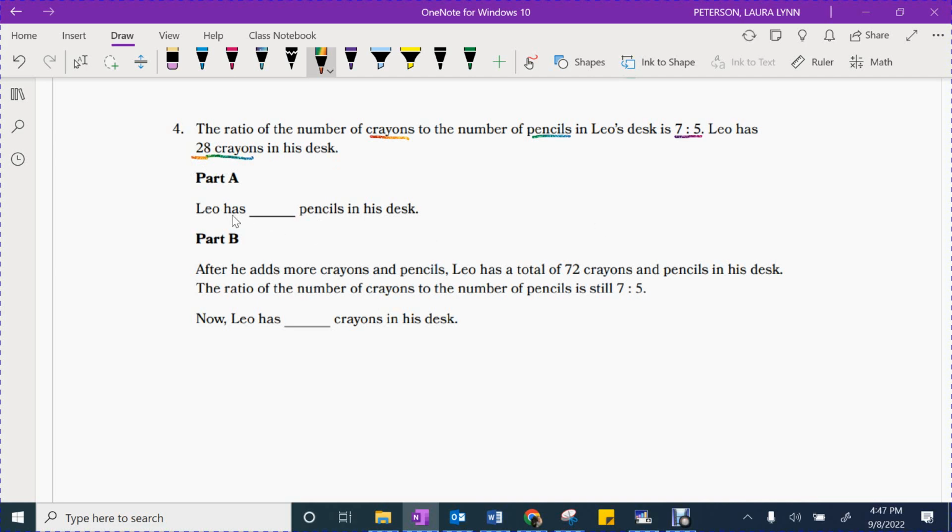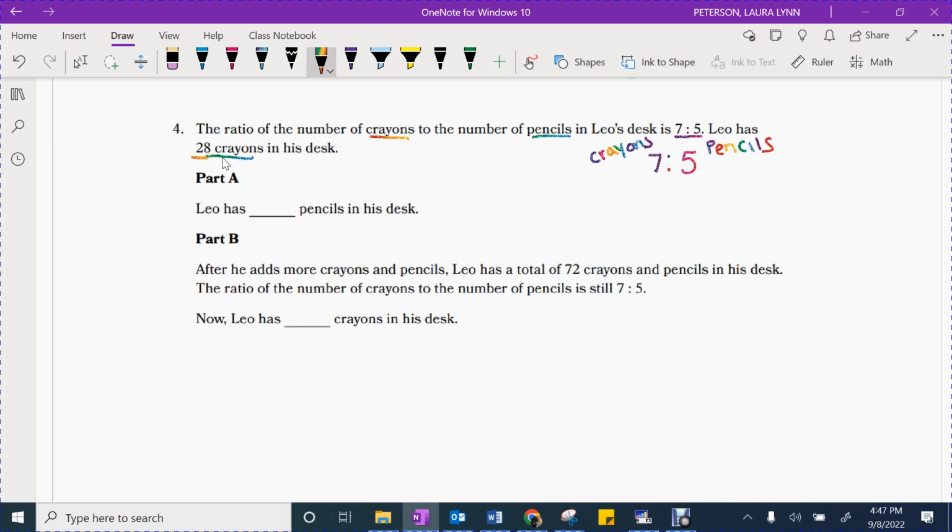And part A asks for how many pencils are in his desk. So the first thing I'm going to do is pull out my ratio, 7 to 5. Again, if it helps you to label crayons to pencils, absolutely do that. It's a great strategy.